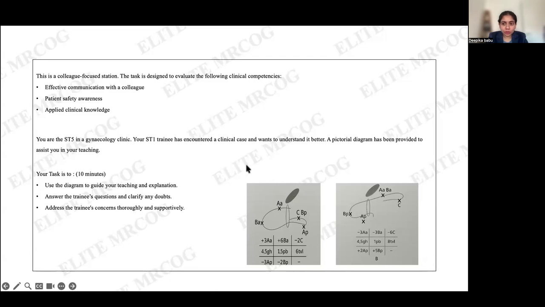Yes, so Ap and Bp are the points present in the posterior vaginal wall. The proximal point would be the Ap, and the most distal point from the hymen in the posterior vaginal wall would be the Bp. Am I clear? Okay, yeah. So far we have done these points. Now in the middle of the grid is the genital hiatus, which is measured from the urethra to the introitus.